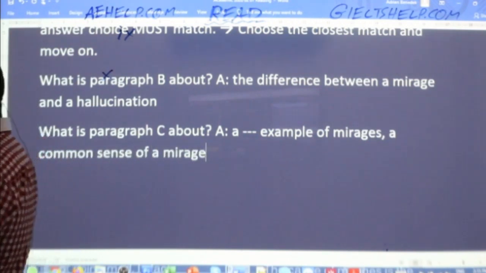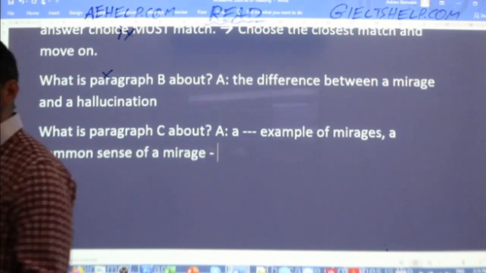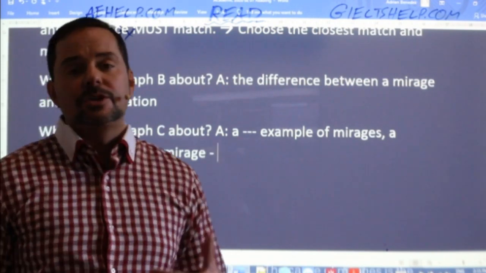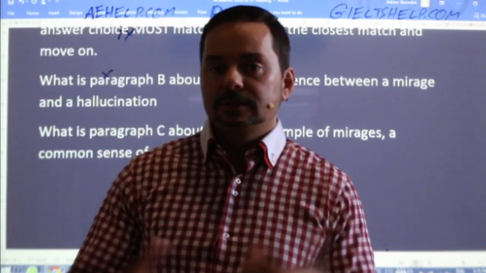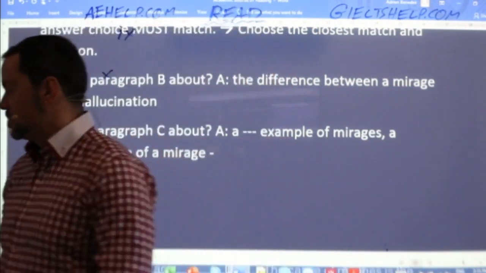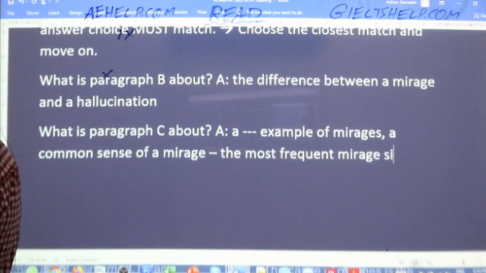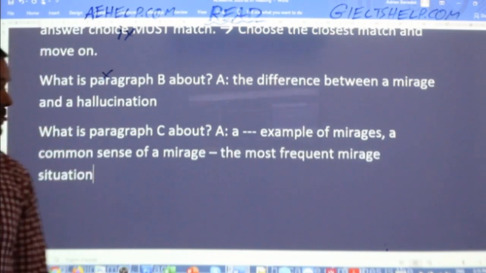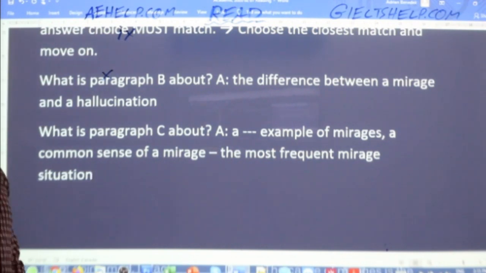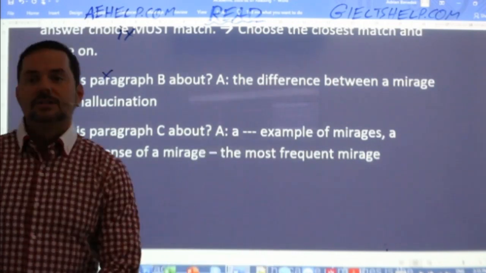So this is descriptive paraphrasing. The road, the water on the road, describes the most frequent situation of a mirage, right? Most of us don't hang out in deserts and see water in the distance, but most of us do take drives on hot days on long roads where we see this mirage in the distance, right?